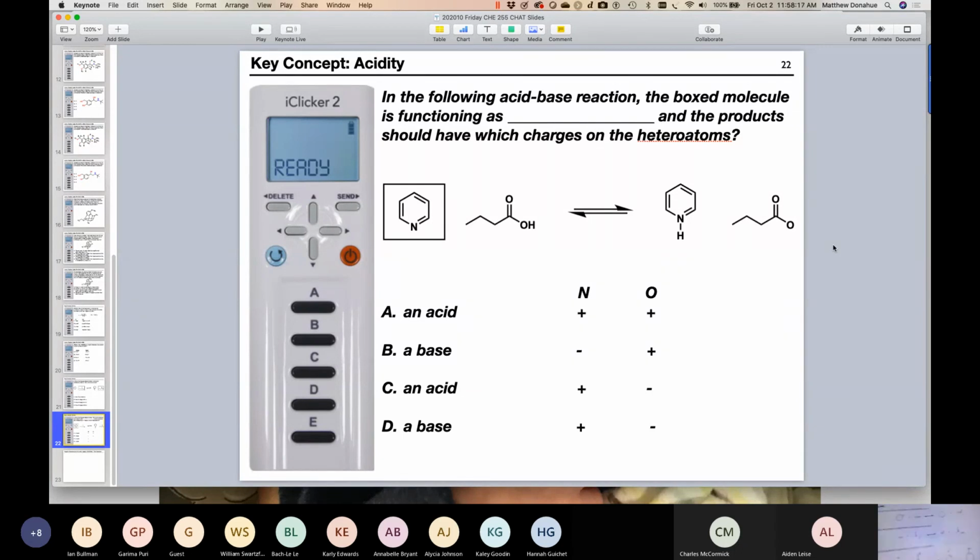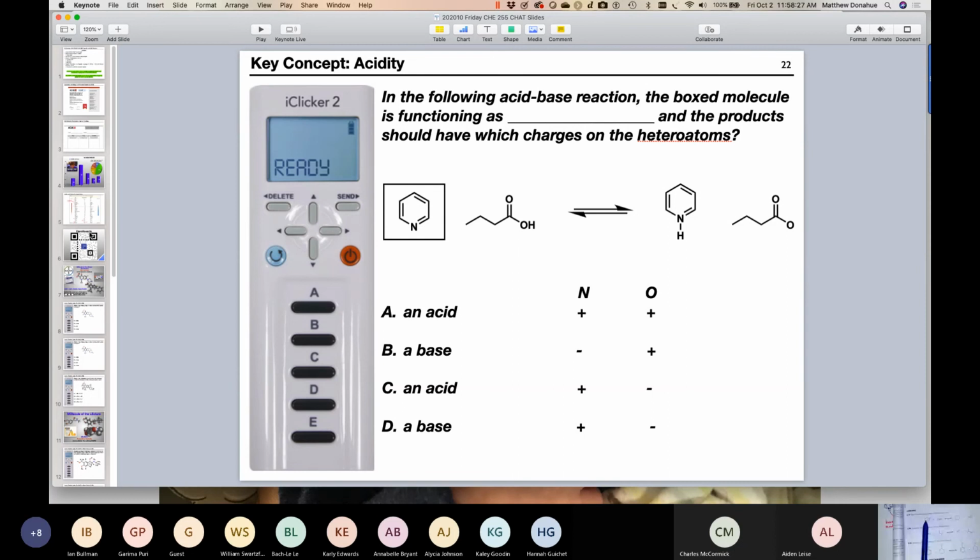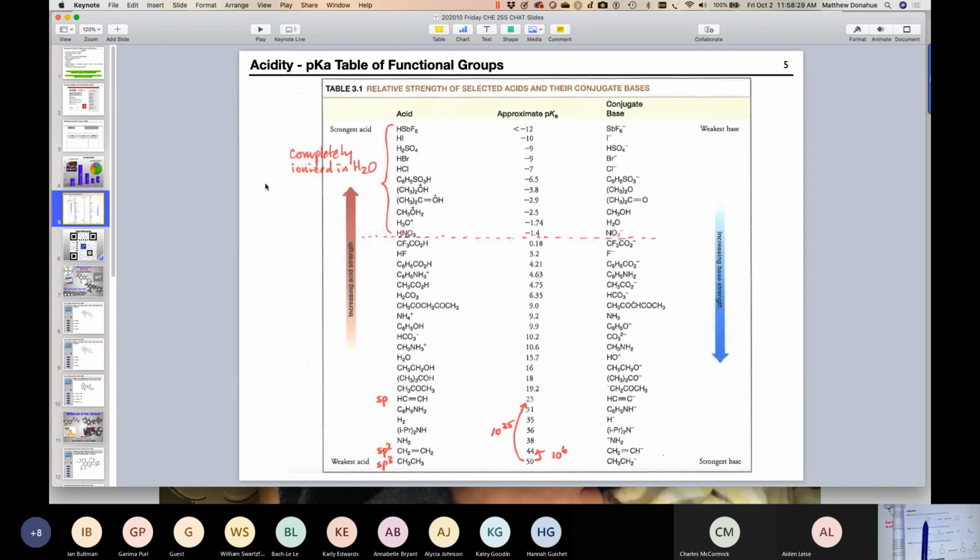So let's consider problem 334 on page 55, and I'm going to put the table back up. So the table of acidity is back up on the main slide. It says predict the position of the equilibrium for the following reactions.